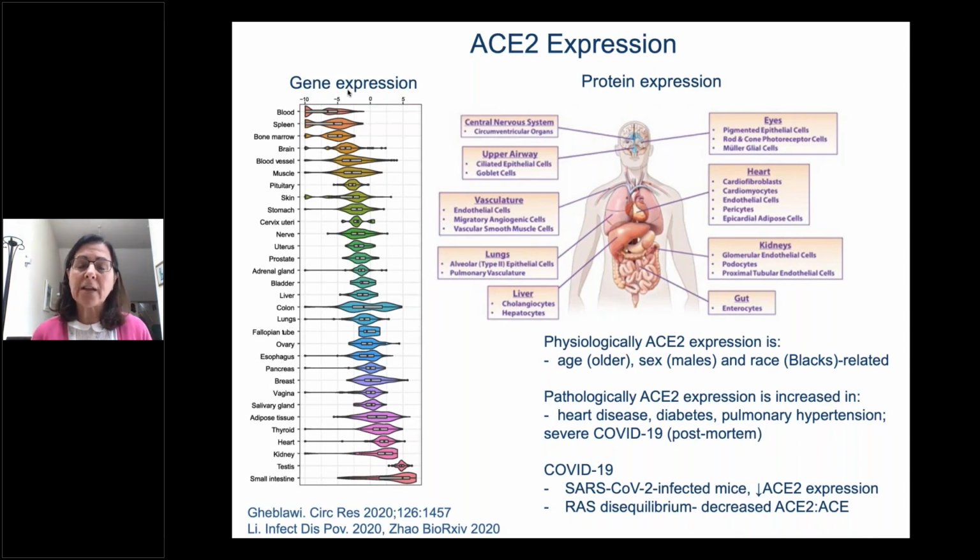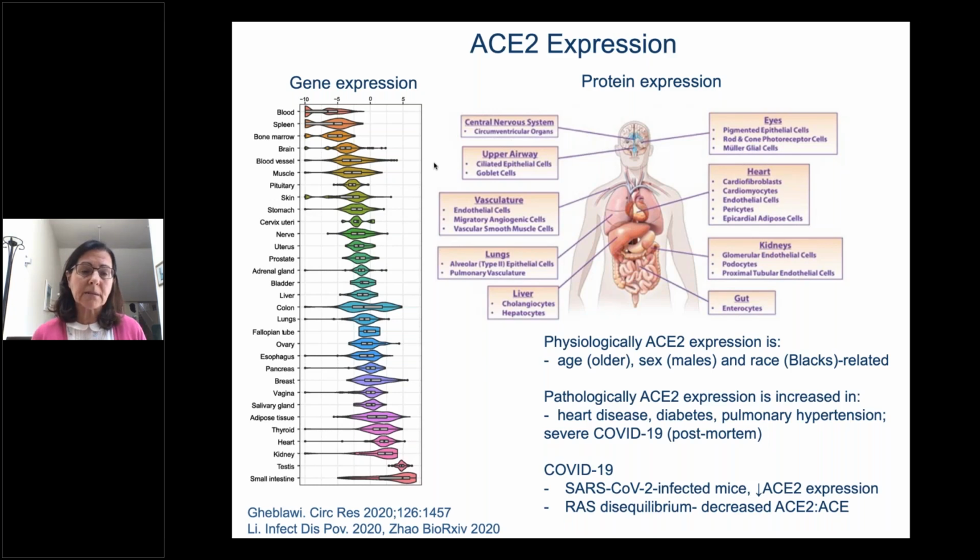Now, in order for angiotensin-converting enzyme 2 to induce its biological and functional effects, it obviously needs to be expressed and functionally active in specific cells. And as Anthony mentioned earlier, originally ACE2 expression was thought to be quite restricted to only a few tissues and organs. But we know today, both at the gene level and at the protein level, that the expression of ACE2 is very multi-system and multicellular.